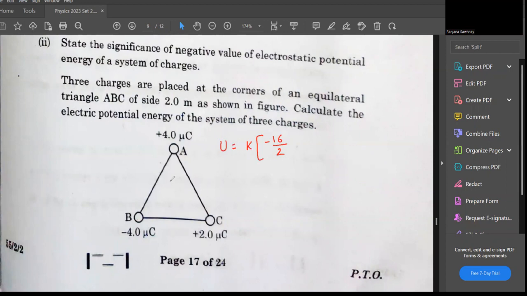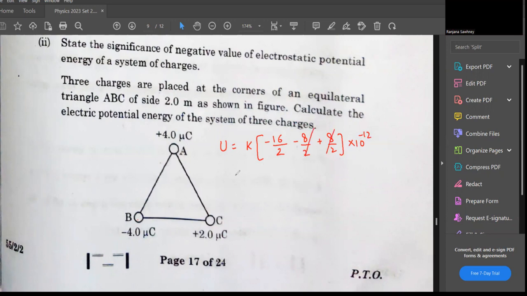Micro is 10 raised to the power minus 6, so 10 raised to the power minus 12, which we multiply outside the bracket. Between these two charges also there will be some potential energy. How much is it? 4 into minus 2, minus 8 upon 2. Between these two charges, 4 into 2, plus 8 upon 2, into 10 raised to the power minus 12. Micro into micro, 10 raised to the power minus 12.